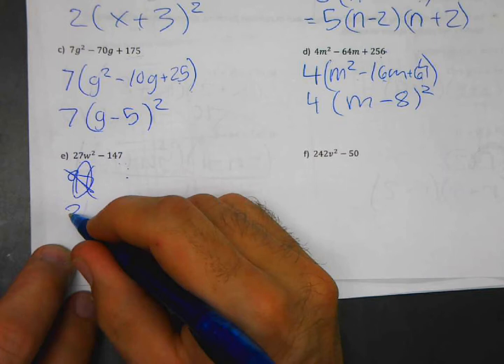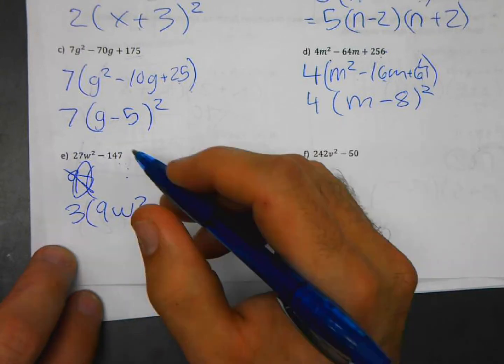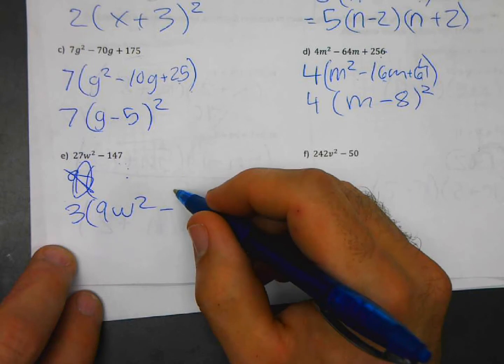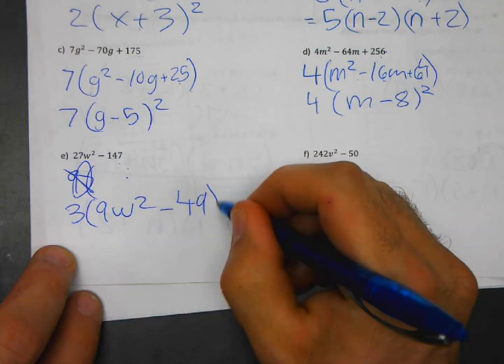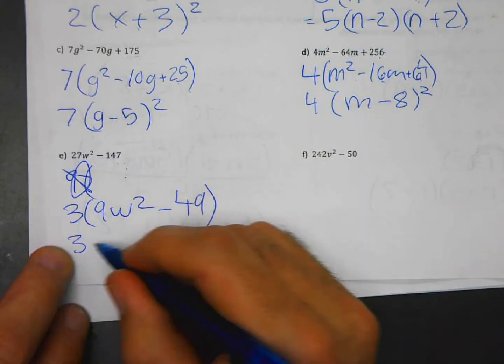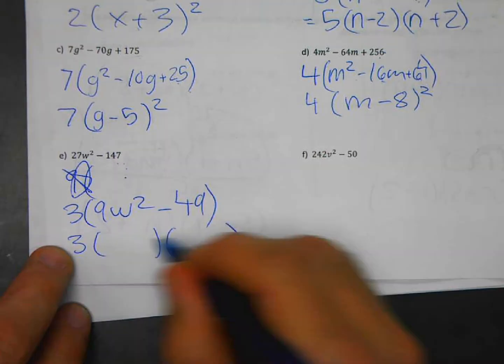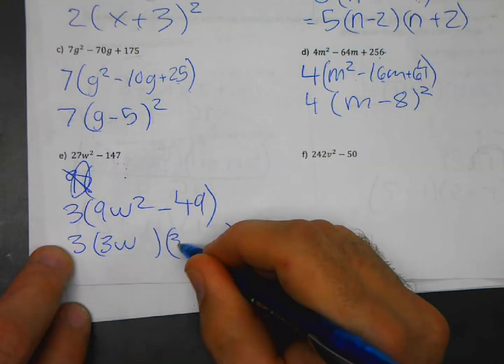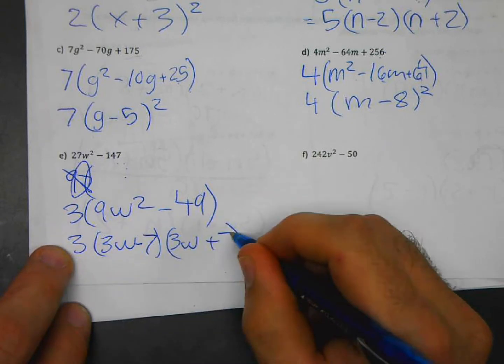So if I put a 3 here, we're going to get 9w squared minus 49. So this will be 3. This is a difference of squares, so I'm going to put 2 brackets like so. 3w, 3w, minus 7, plus 7.